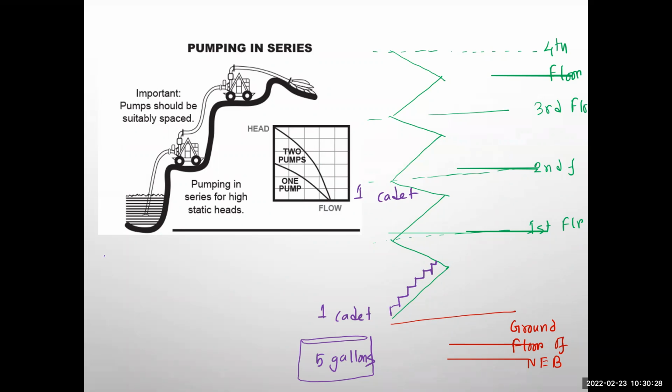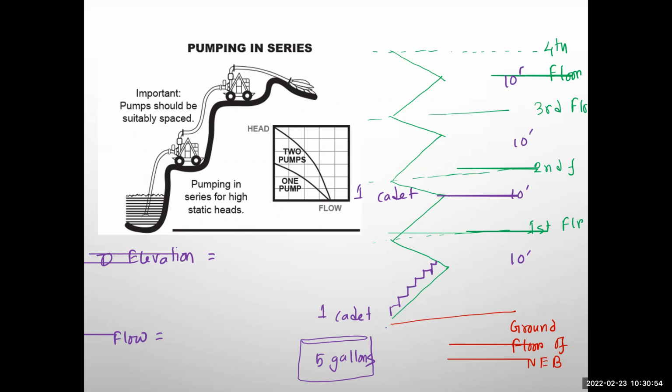So what is the elevation? This bucket is traveling from ground floor to second floor so far. Suppose each floor is 10 feet.